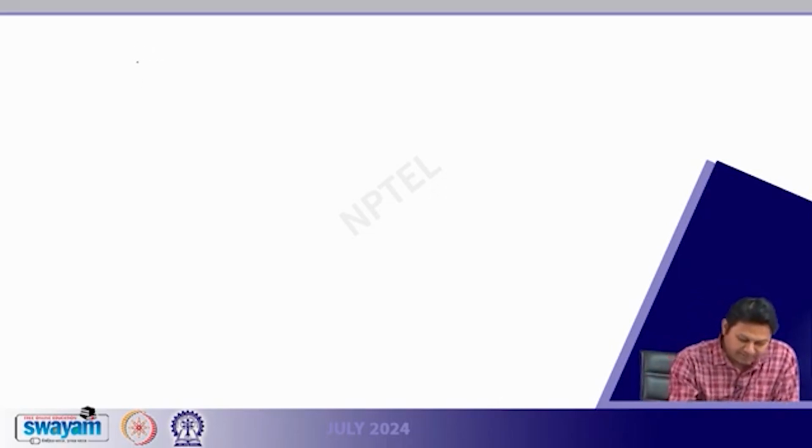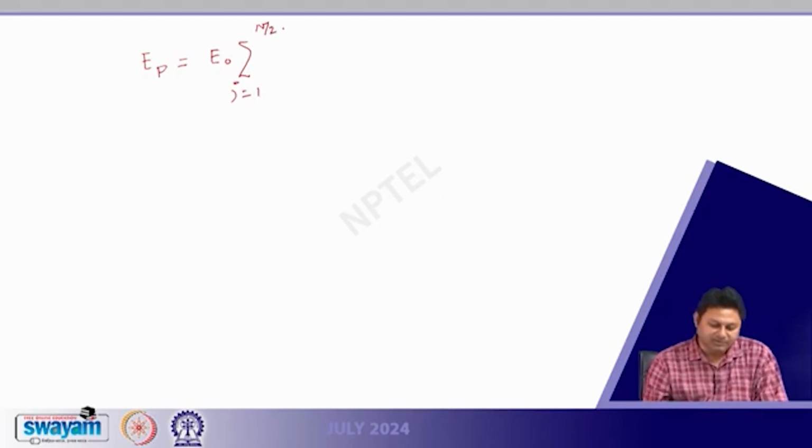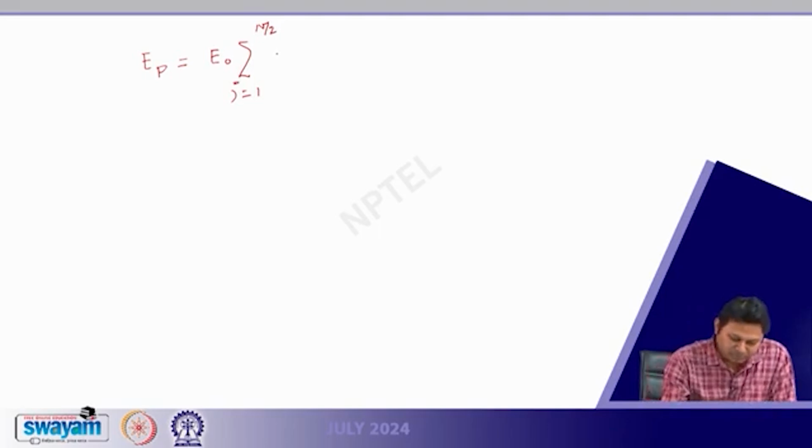If you remember, we already calculated that EP was E0 times the sum over j, that goes from 1 to n by 2, where n is the number of slits, and then two terms: one is I1, which should be a function of j and theta, and another term I2.